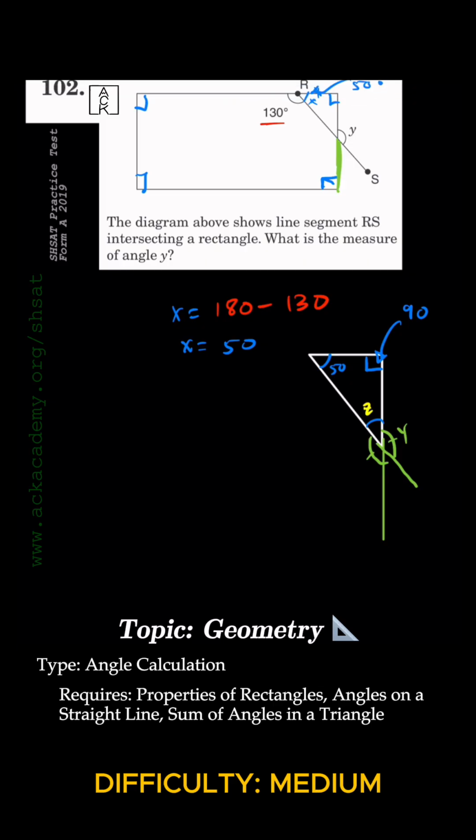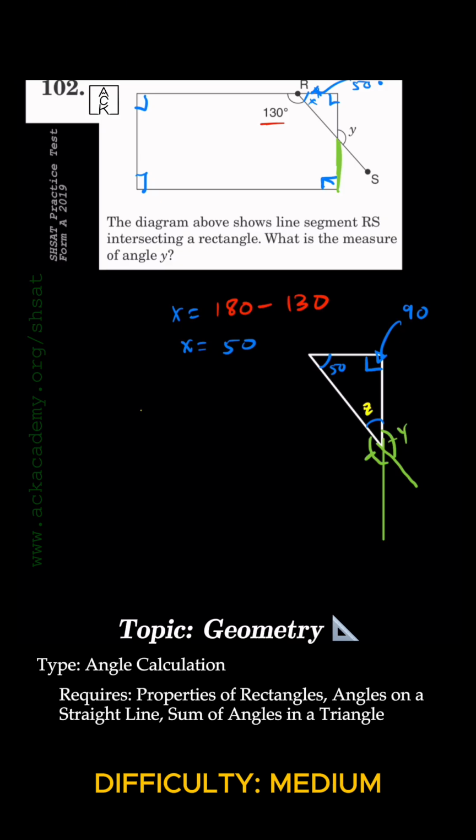So my idea is, let's find out Z, and if I add Z plus this, this thing plus this thing, what does that equal? 180 degrees. And if I figure out what this is, I know what that is. Okay, so let's do that.